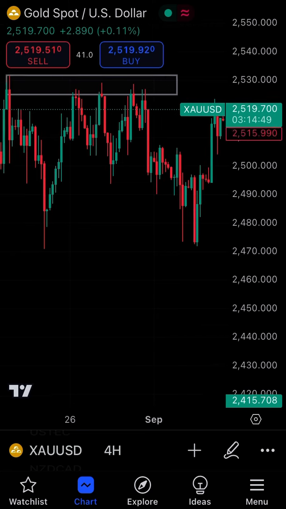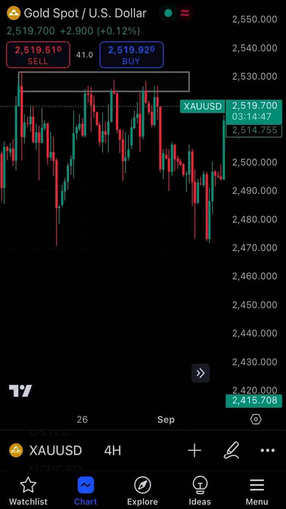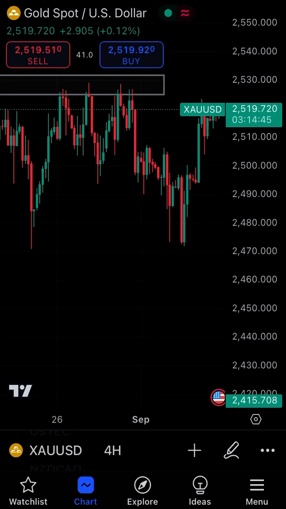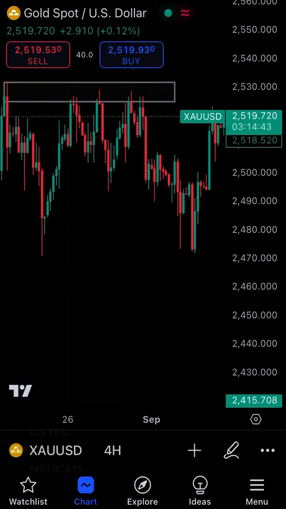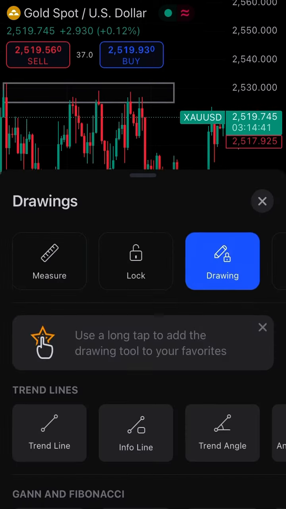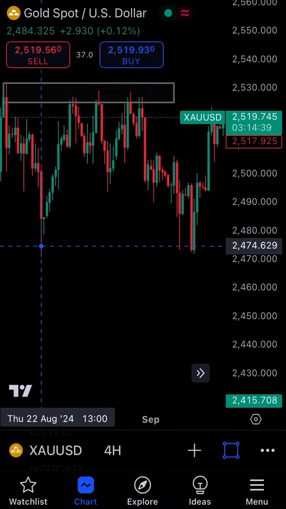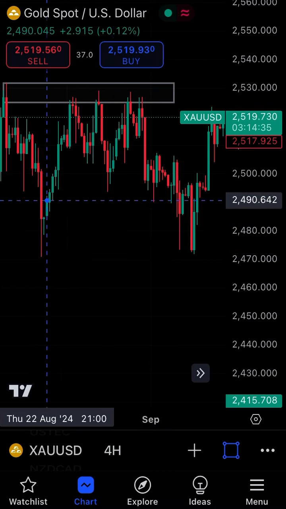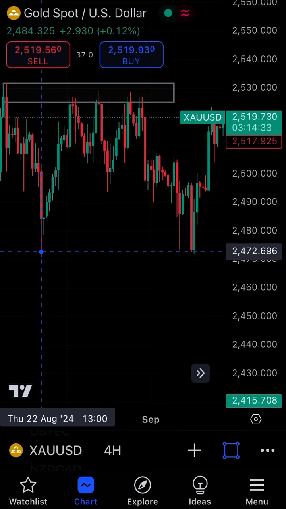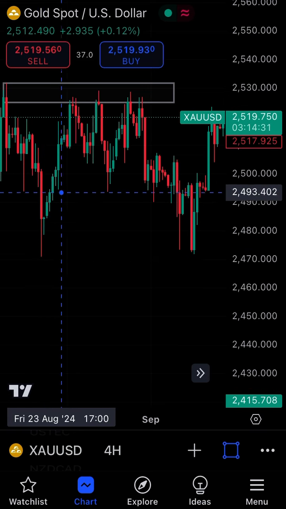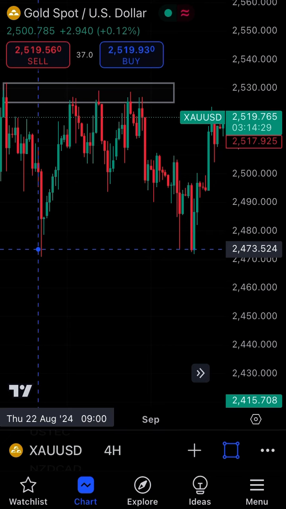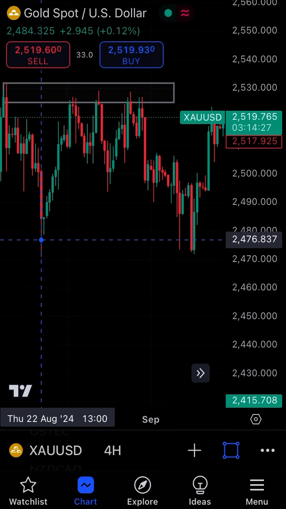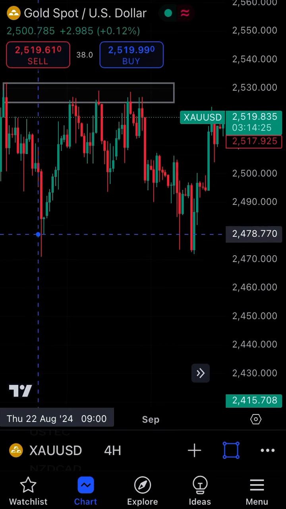Okay, so now let me show you guys another sharp example. Okay, so we see this zone here where the market previously bought from massively. At this level, the market spiked up massively. So from here now, you mark this zone out.